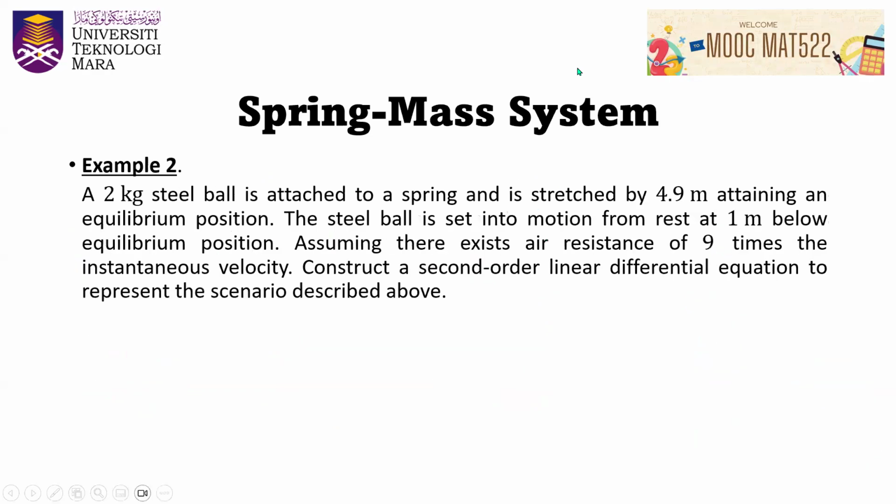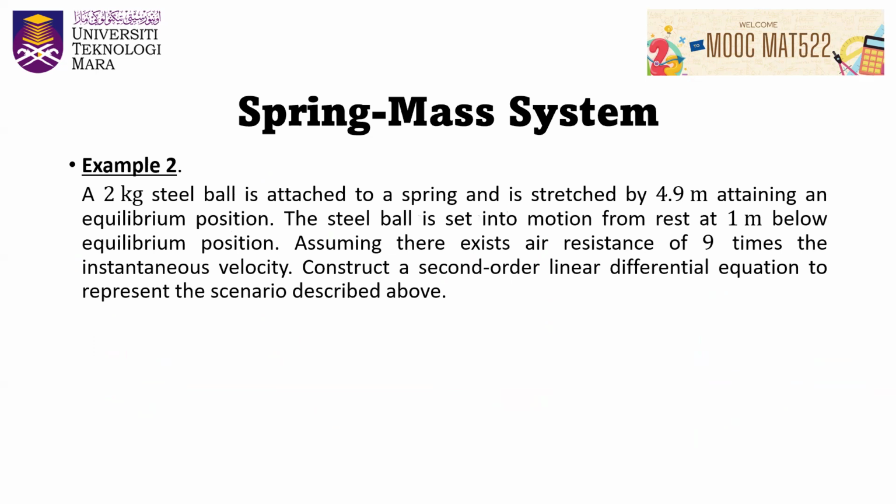Now, let's consider example number 2 to further familiarize ourselves with the construction. Here, a 2 kg steel ball is attached to a spring and is stretched by 4.9 meters, attaining an equilibrium position. Now, the steel ball is set into motion from rest at 1 meter below the equilibrium position.